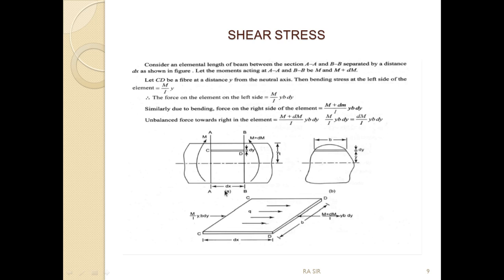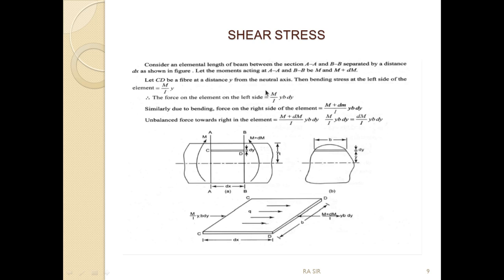Similarly, the force on the right hand side will be M plus dM, because there will be a change in moment here to keep things in equilibrium, as this particular section, although elemental, does have some mass. So this will give rise to a moment which is greater than the initially applied moment M. This moment M plus dM by I y b dy will give rise to an unbalanced situation, right?